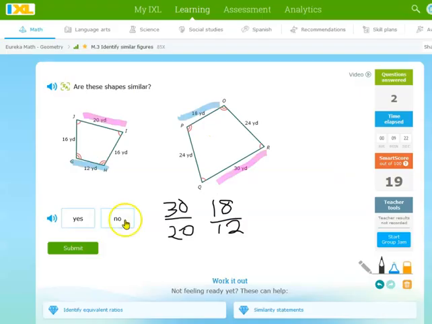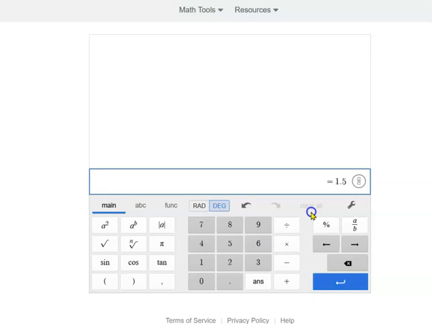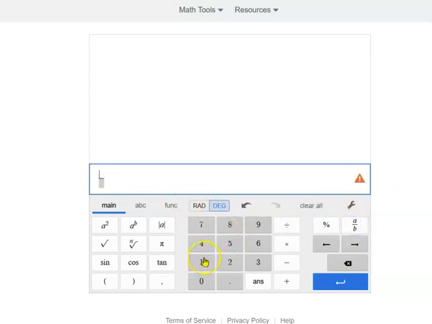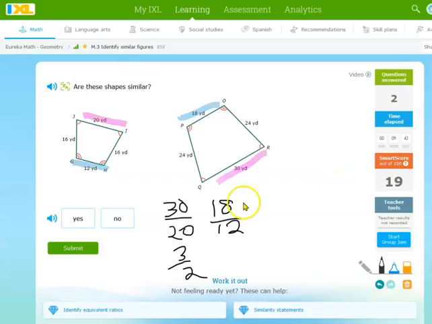I'm just going to write that right underneath, that that's really the same as 3/2. And then let's go test 18 over 12. Okay, so the numerator is 18 and the denominator is 12. Ooh, look at that. 3/2 also.